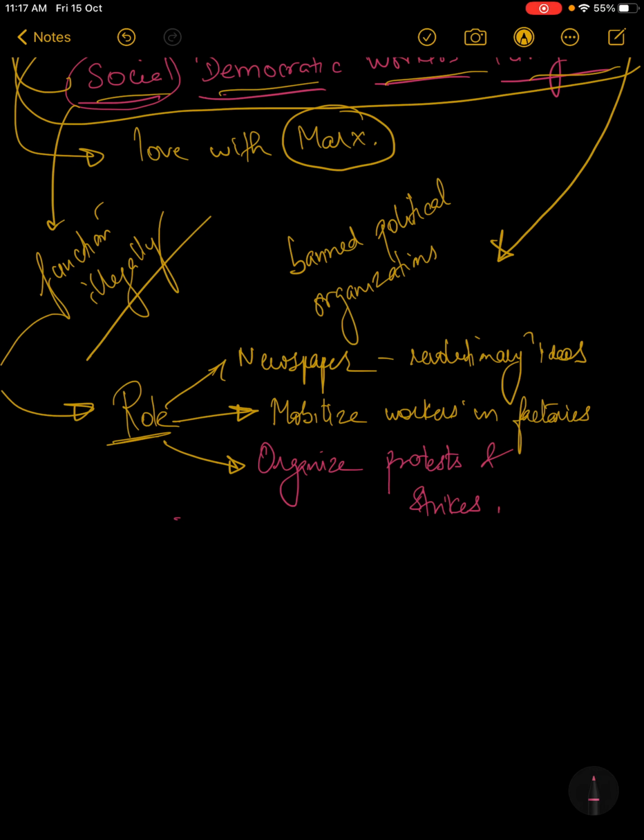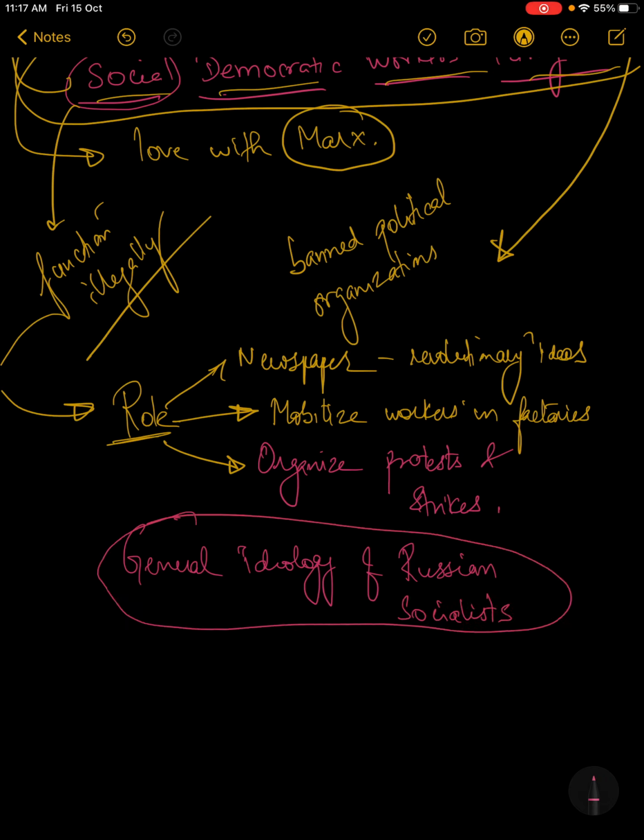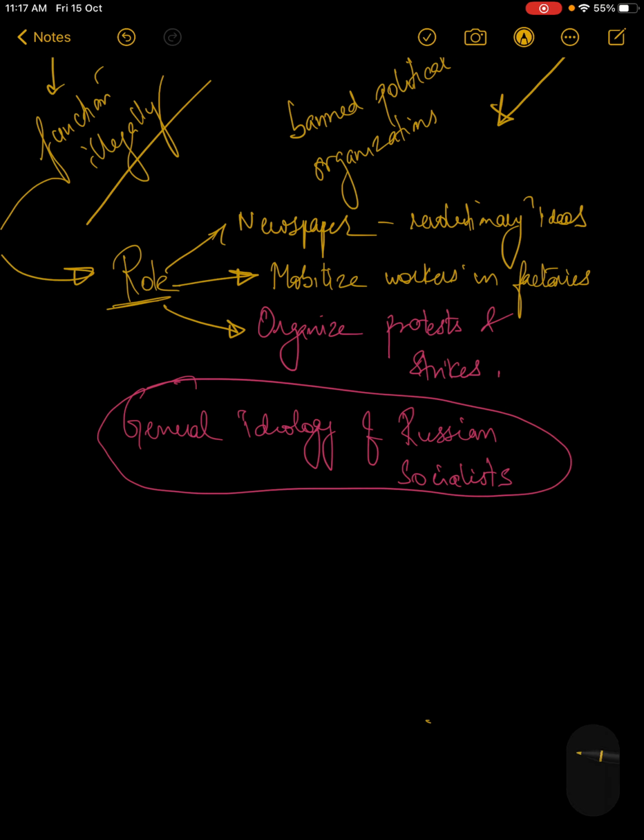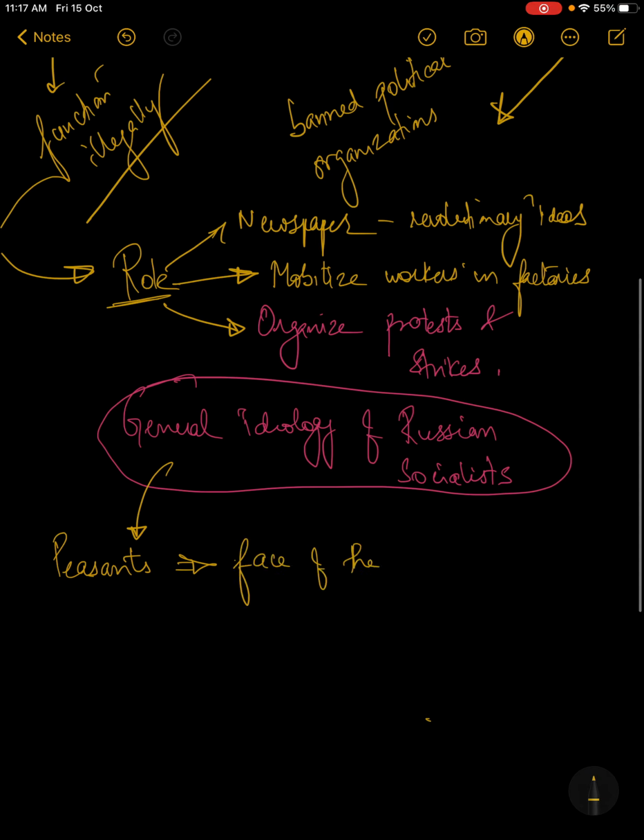Get it? Now, if we look at the general ideology of Russian socialists, basically socialists in Russia, they felt that peasants working in the countryside could perhaps be the face of the revolution.